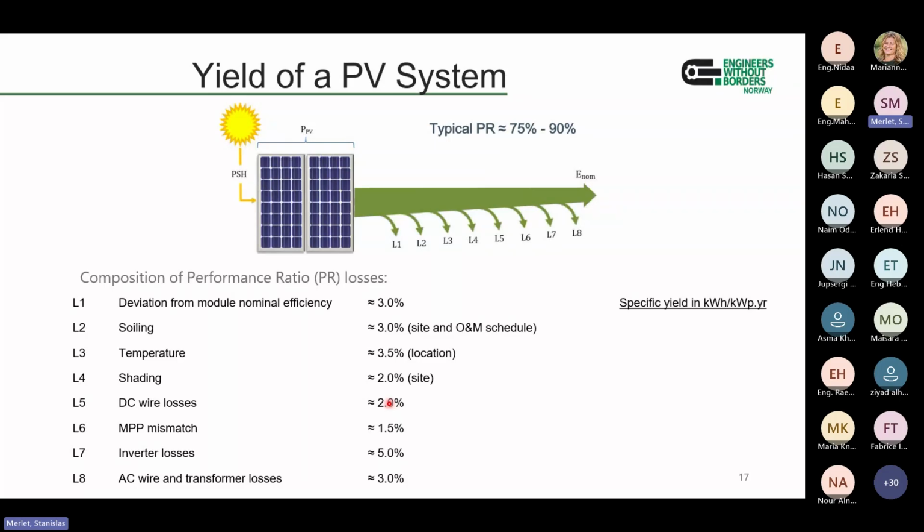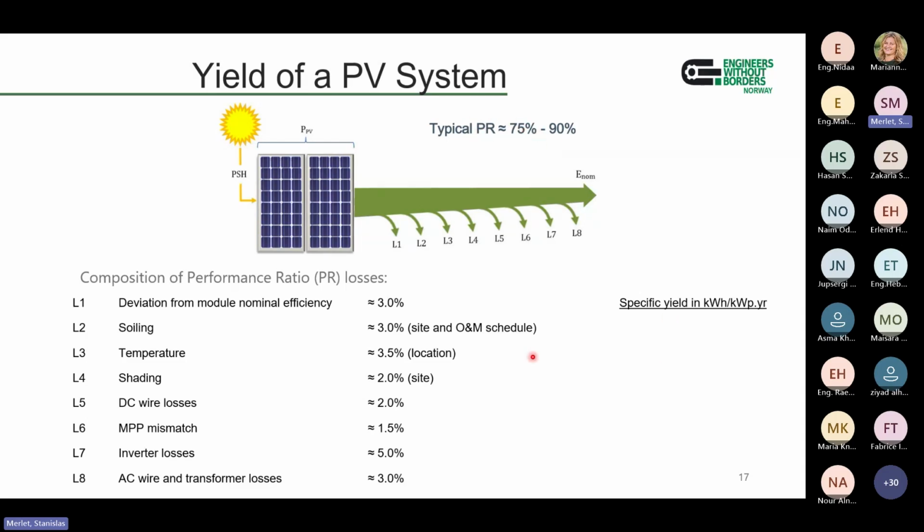So then you will have some mismatch in there. And we have some heat losses in the inverter. It's mostly heat, and the AC loss is also the same in the cables with the heat and everything. So all of that combined will lead to your global loss in the module, and that will lead to the performance ratio, the PR. This is one way of assessing the viability of a system, the PR.